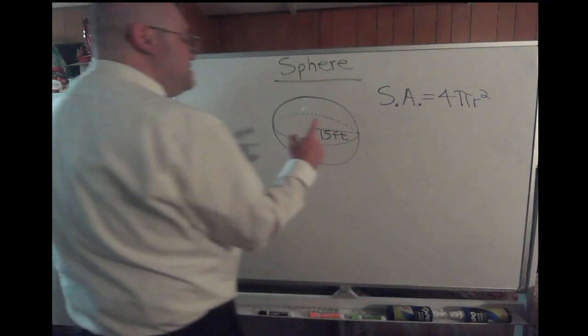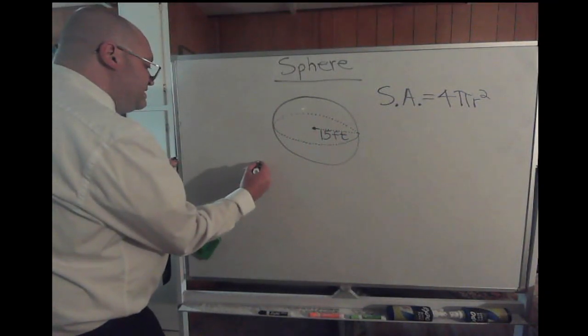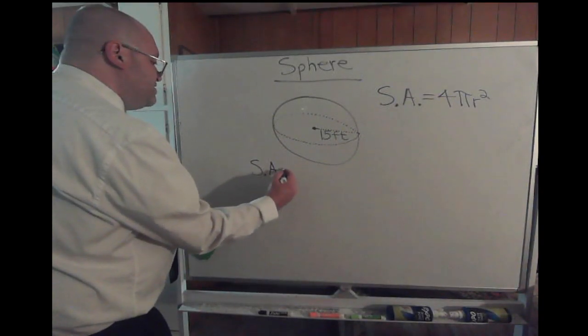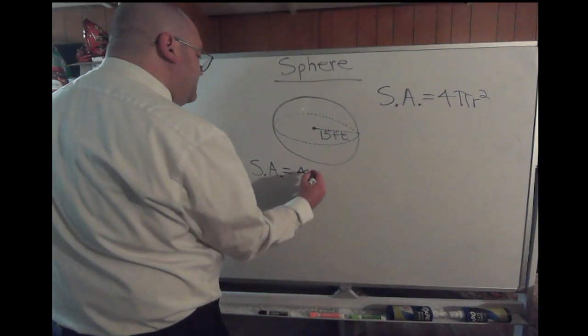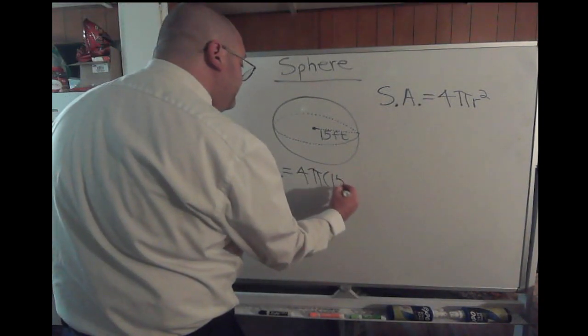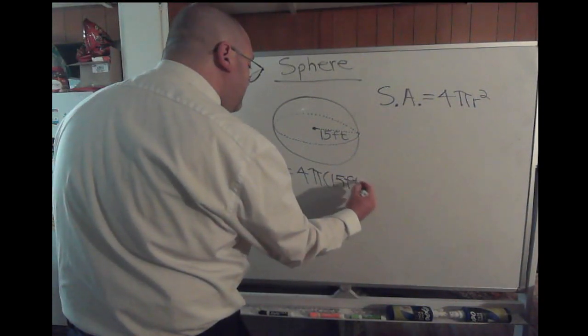Alright, so the radius of this sphere is 15 feet. We want to find the surface area of the sphere, so we're going to take 4 pi times that radius of 15 feet to the second power.